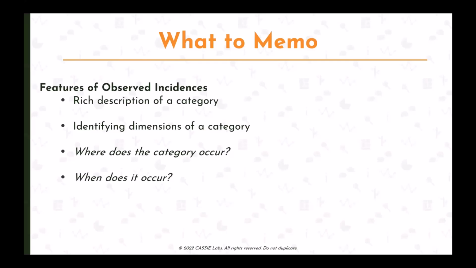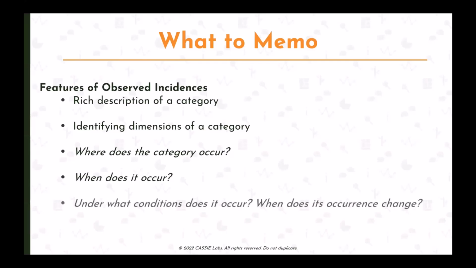When does it occur? Under what conditions does it occur? When it does occur, when does it change or appear different? What are the consequences when this thing occurs, right?